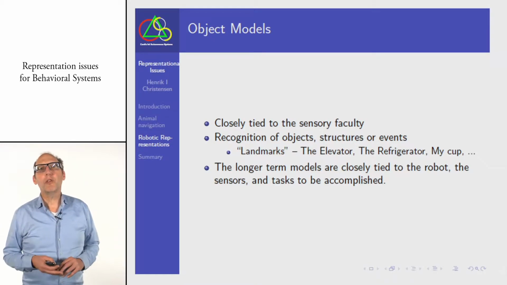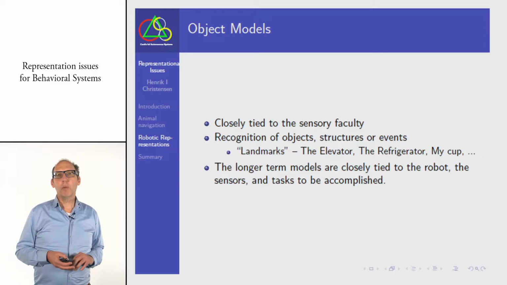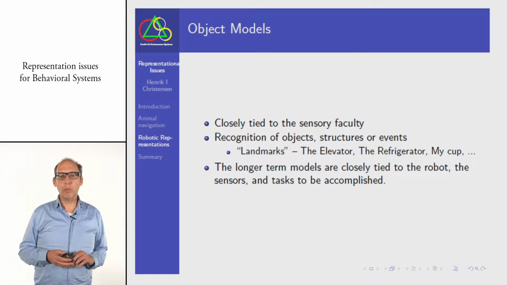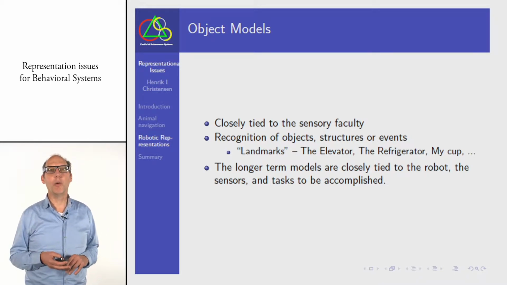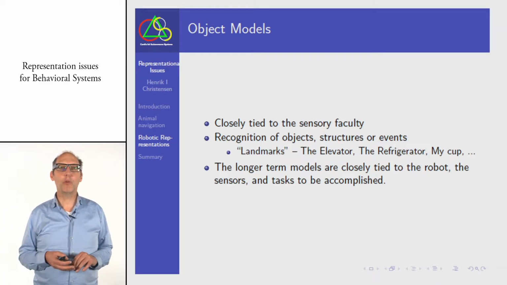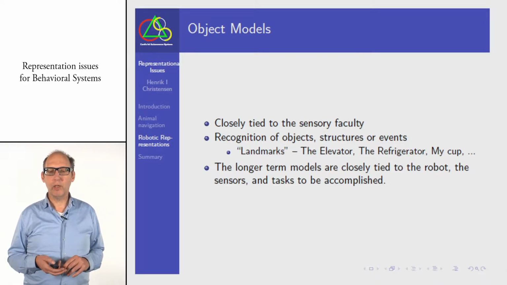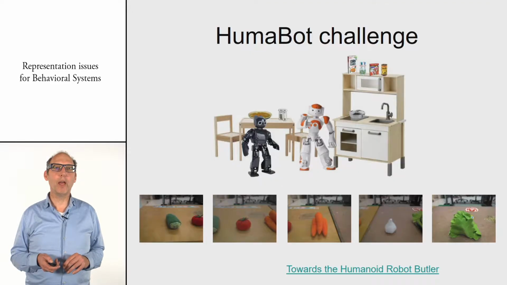So we talked a lot about the environment, but robots are not really robots if they cannot also handle objects. You need to learn about all the objects around you, and you not only have to learn to recognize them, but also how to handle them.